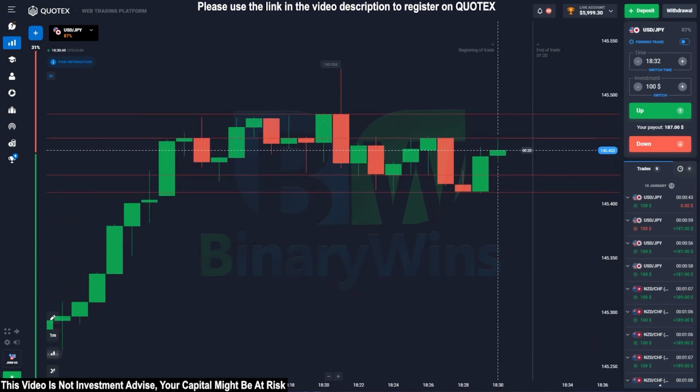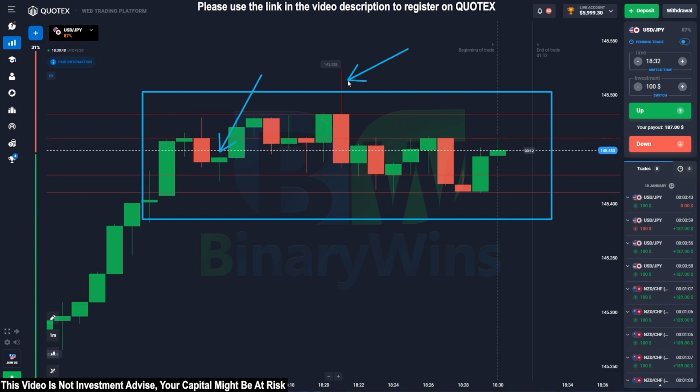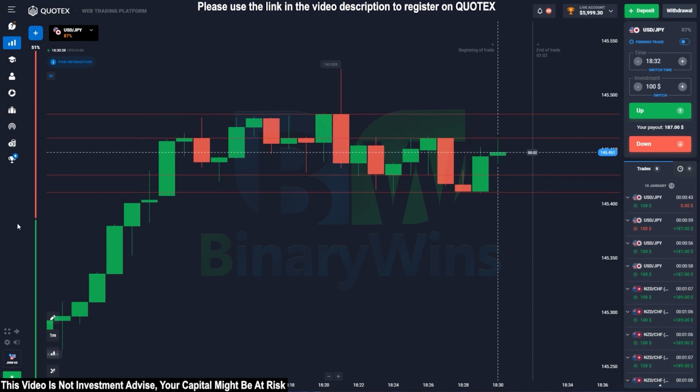If you look, here we have a bad market because our chart consists of candles with large shadows and small dimensions, which shows the war between buyers and sellers and their indecision.